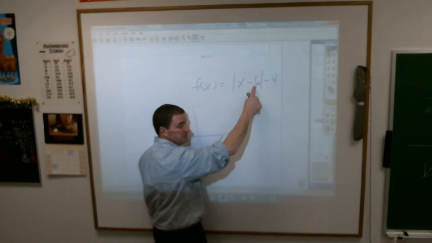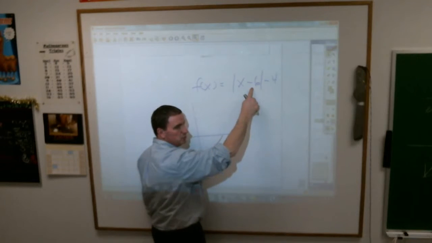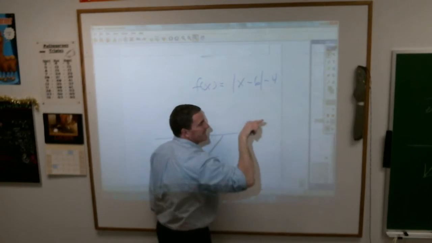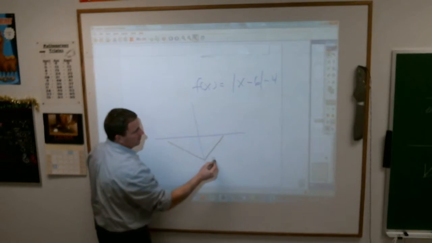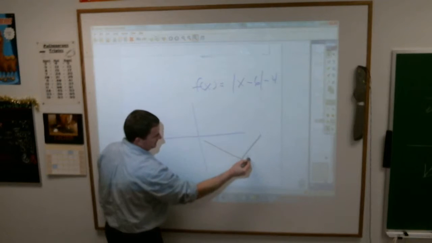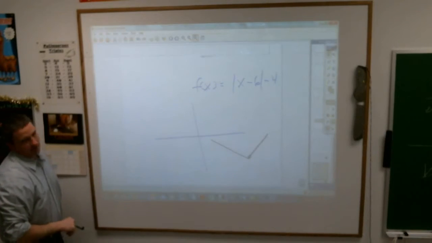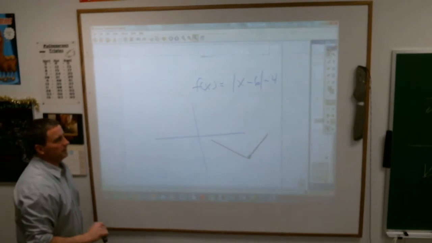I'm either going to move this graph 6 to the right or 6 to the left. If it's negative, you go to the right. That's why you wrote it in your notes. You go 1, 2, 3, 4, 5, 6. And here's your graph.